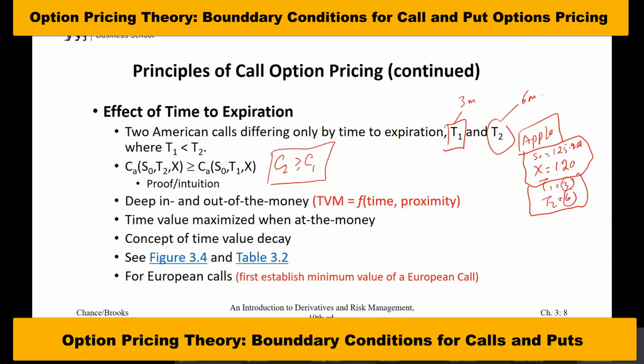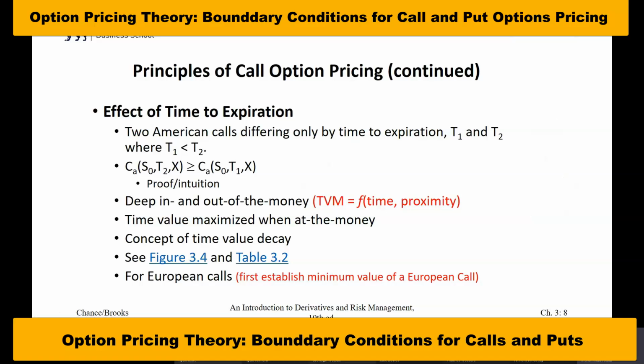Now, if we want to understand why this is so, let's take an example again. Let's say we have T naught here, and we have T1 and T2 here. Okay, this is the time where the option is initiated, and this is the time where both the options will expire. Let's make this T2 and let's make this T1.